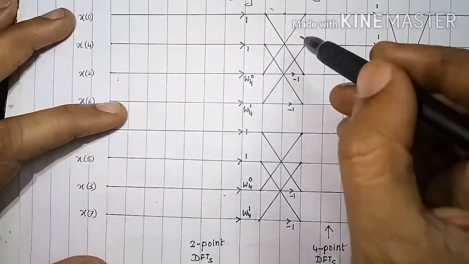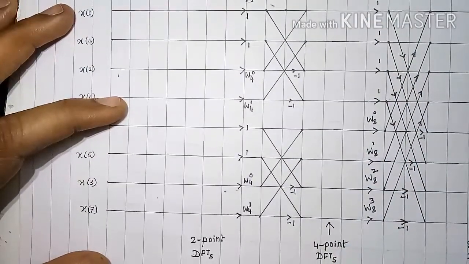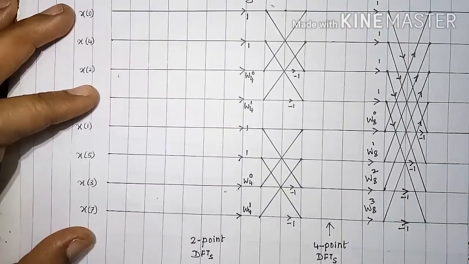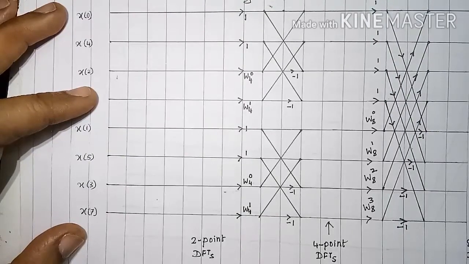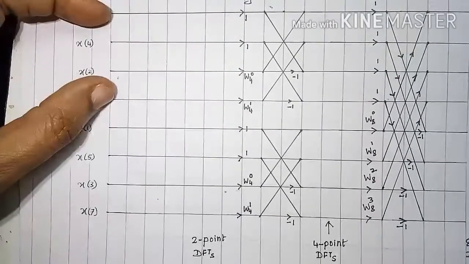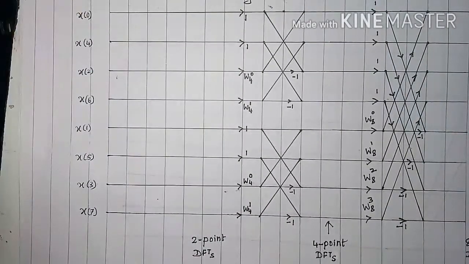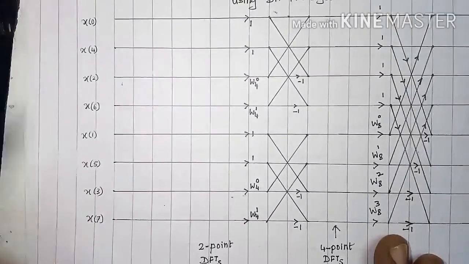And for computation of 4-point DFTs, inputs are 2-point DFTs. The 2-point DFTs are obtained by combining the bit reversed input samples, which are shown here.